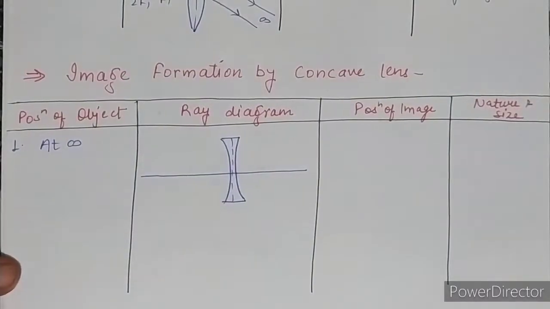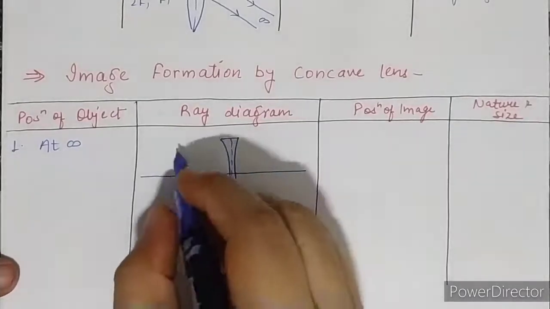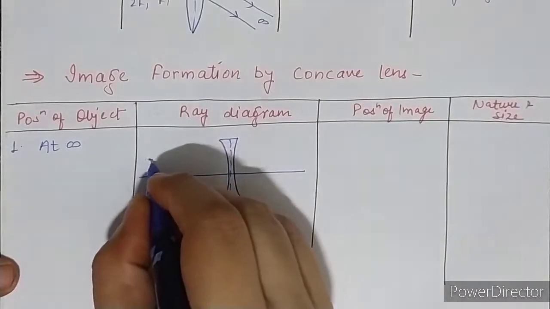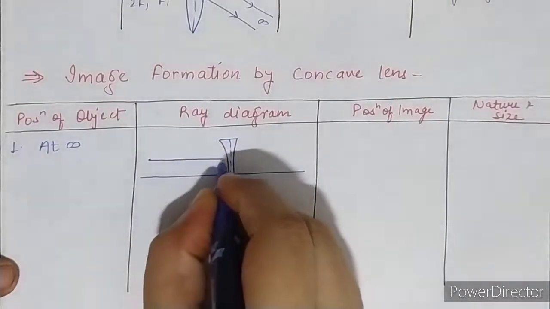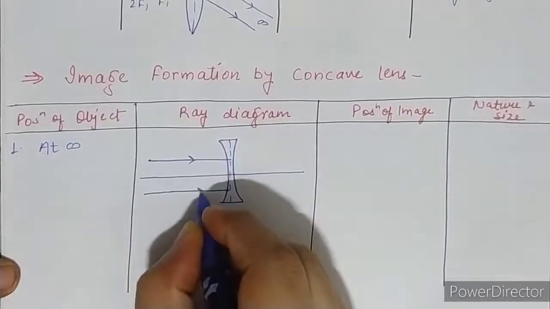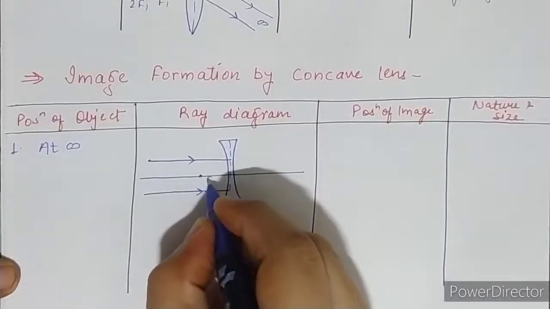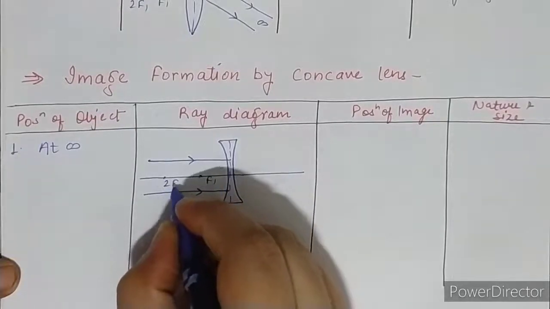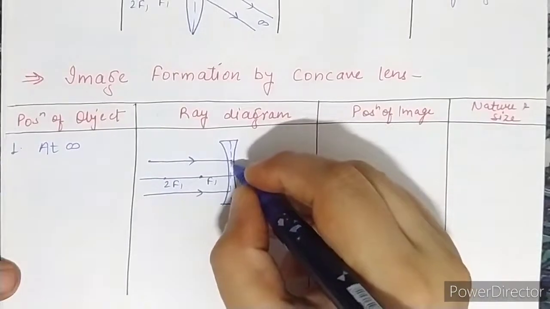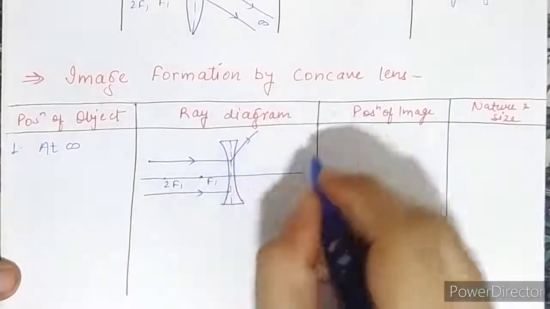So when the object is at infinity, the rays come, suppose, parallel. Here is your f1. When they come parallel, they diverge from their original path.